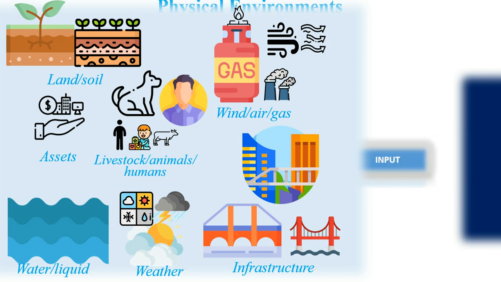And then we can actually derive some other physical environments from these, or we can mix these to come up with other physical environments like infrastructure. Infrastructure is a combination of some solids that we may take from soil. We can take some from land, and we can mix some water and some other items.